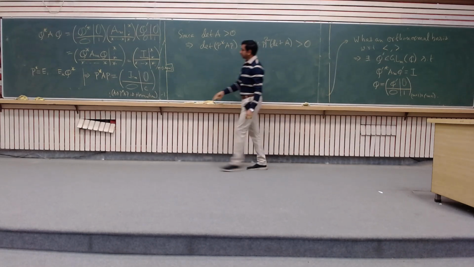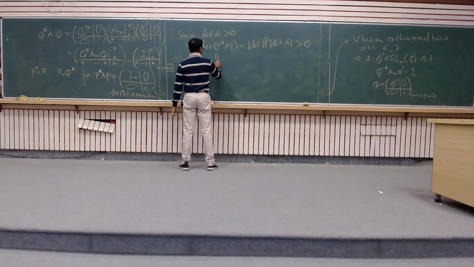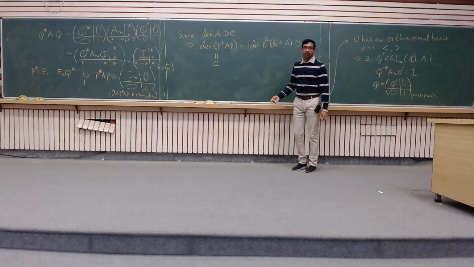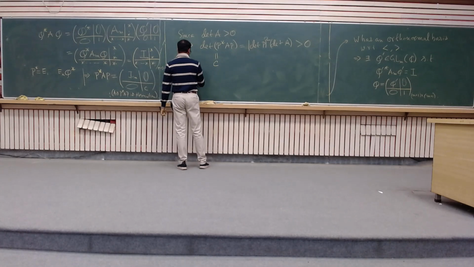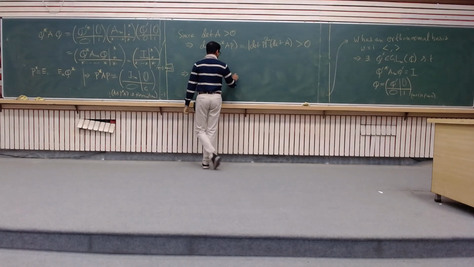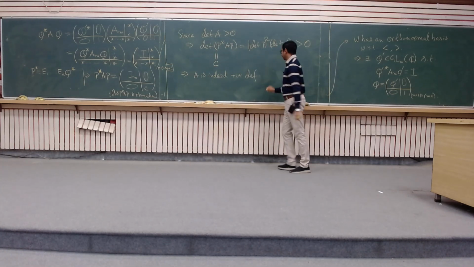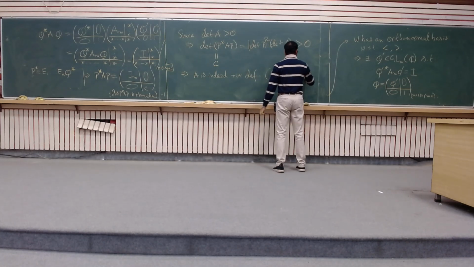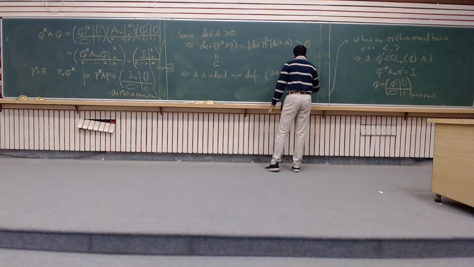But what is this? This is just C. So this is equal to C. So we get that C is greater than 0, and that settles the claim. That implies A is indeed positive definite, as its signature is (n, 0).